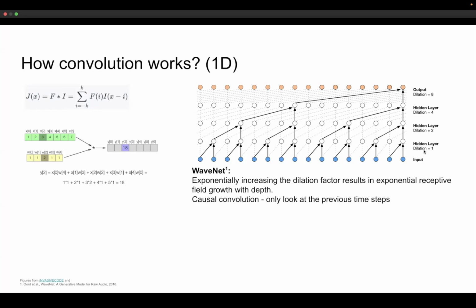The way we do that is by having an exponentially increasing dilation factor. In the first layer, we apply a dilation of 1, which means we just look at each time step. Then in the second layer, we increase it to a dilation of 2, which means we skip one time step at a time from the previous layer.